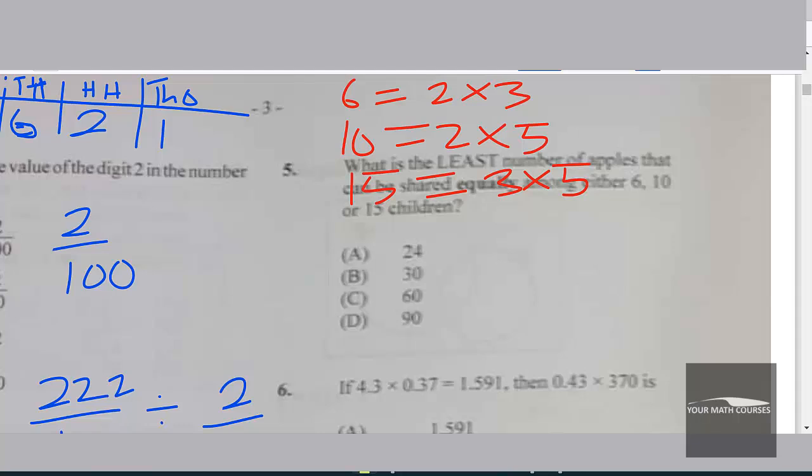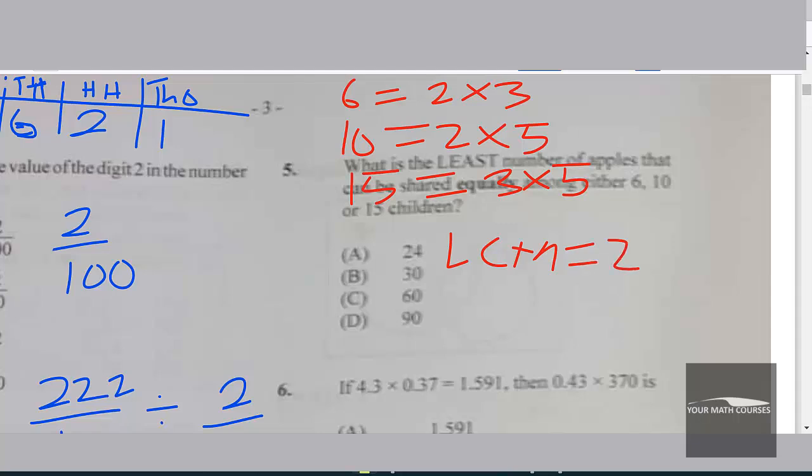So the LCM, we pick the highest of each of the factors and multiply. So if you look at 2, it is the highest throughout, so we will get 2 times.